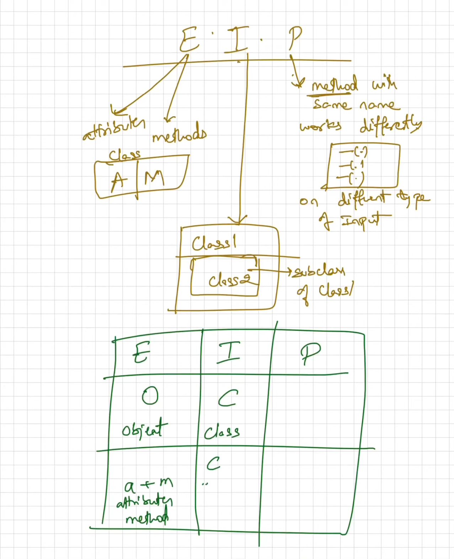If you add more attributes or methods to a class, you get a new class. And then there is polymorphism, which is basically about the methods.